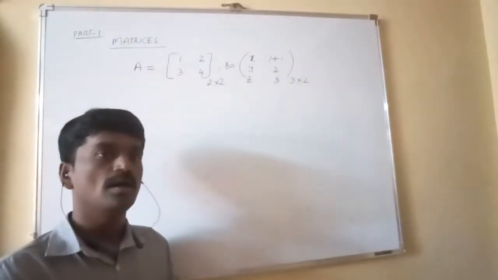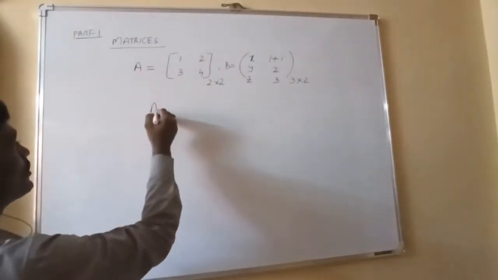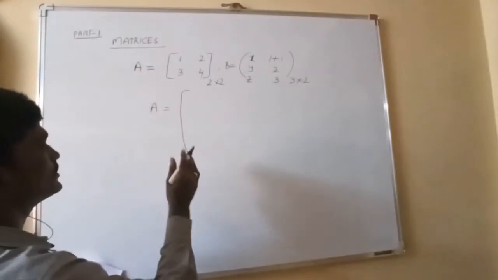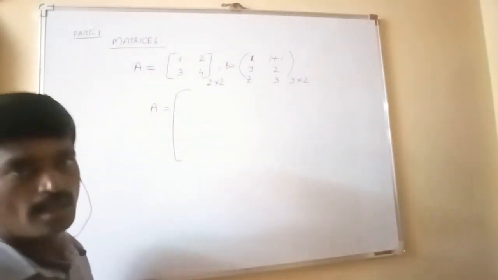If I write a matrix of order m by n, how many rows does it contain? m rows. How many columns? n columns.